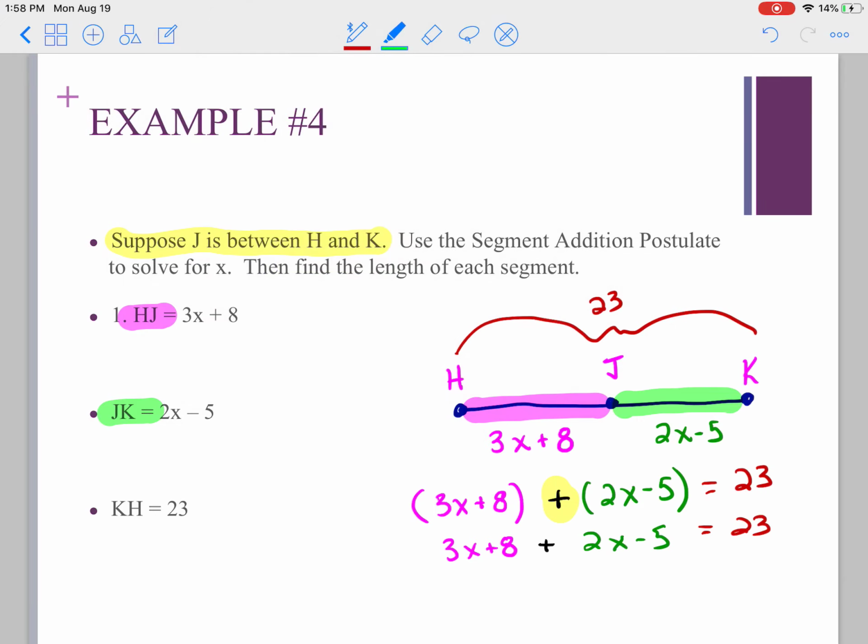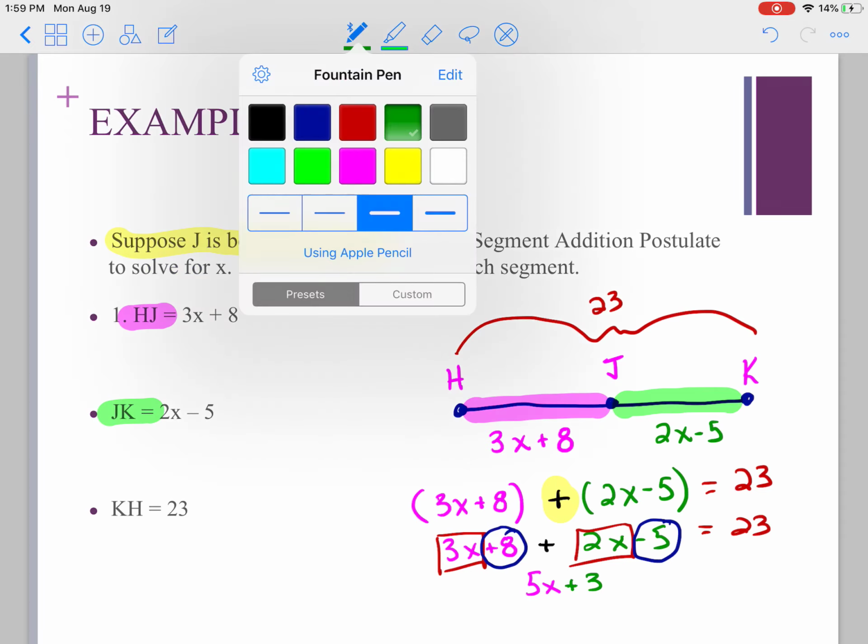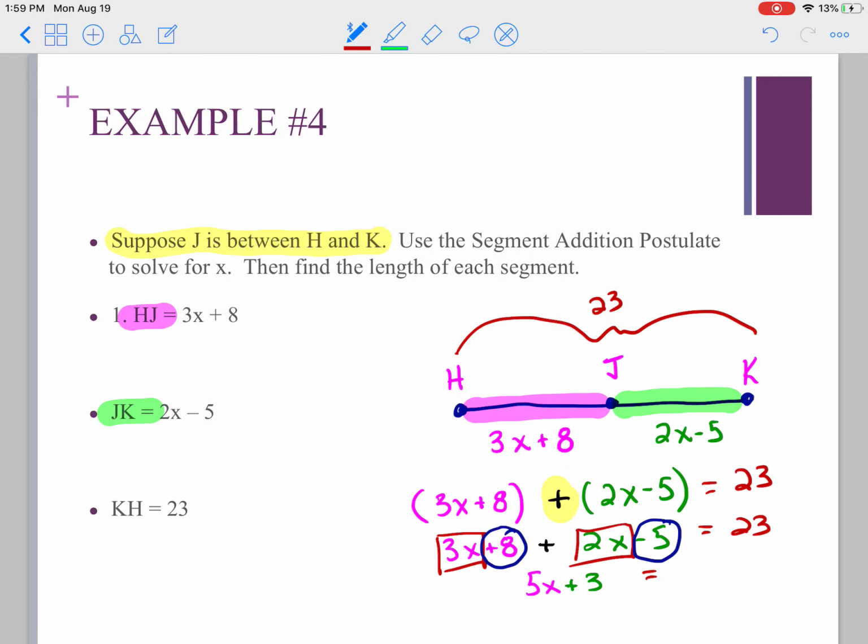Looking at like terms, these are my like terms, and I also know that these are like terms, so I can combine them, and I will have 5x plus, I'm sorry, plus 3 (8 minus 5 is a plus 3) equals 23.